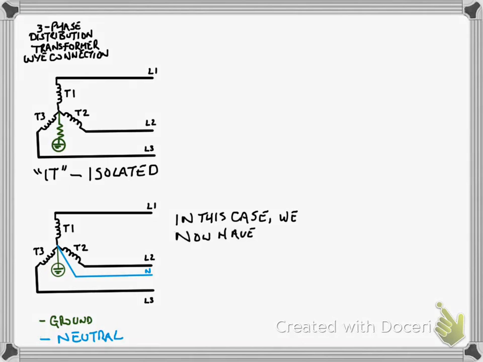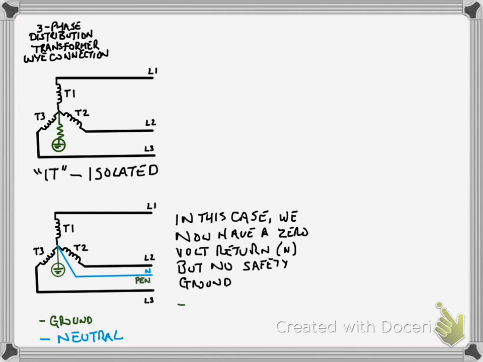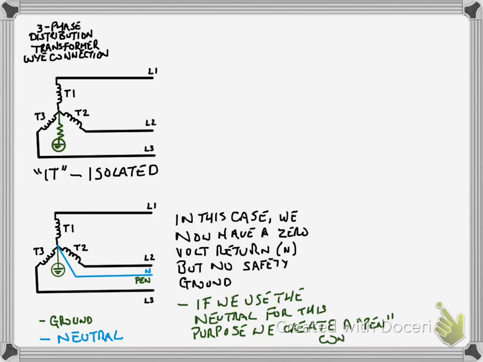Now, in this particular case, because we don't have the option of bringing out that connection directly, we're going to use a combined PEN conductor. The PEN conductor carries both the safety grounding and also the neutral central point connection.